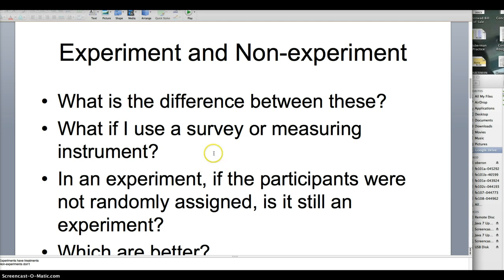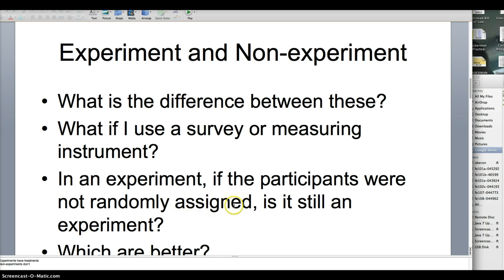That's surveys or something like that, where you're just trying to determine what conditions exist. It is possible to do a treatment of one group and not do a treatment to a control group and use a survey to measure something. So not all survey research is non-experimental.